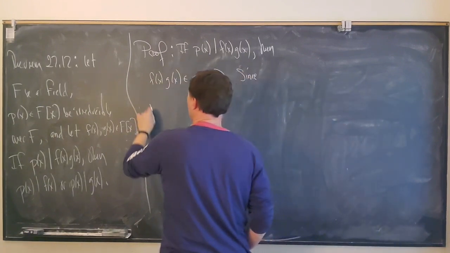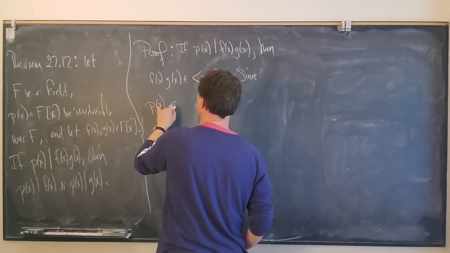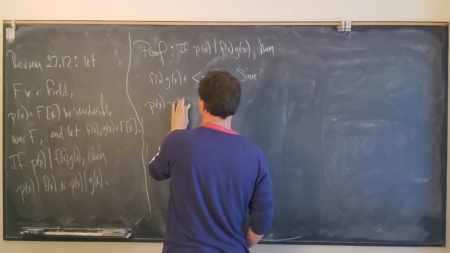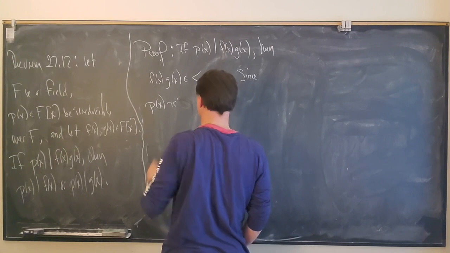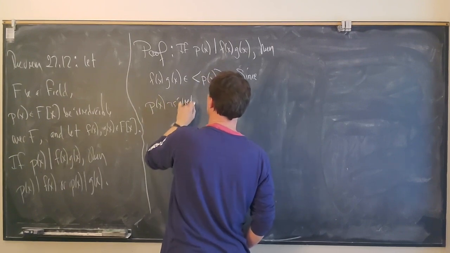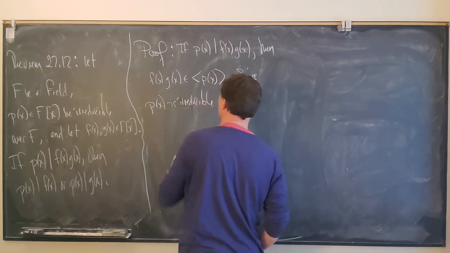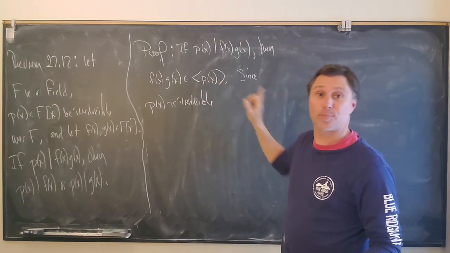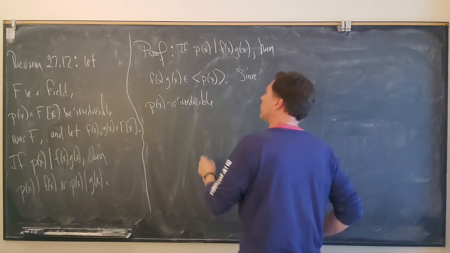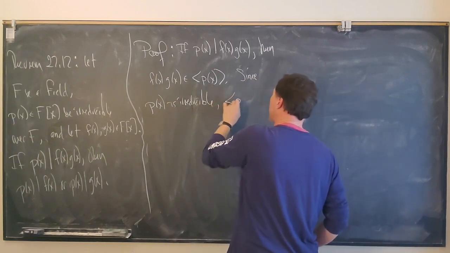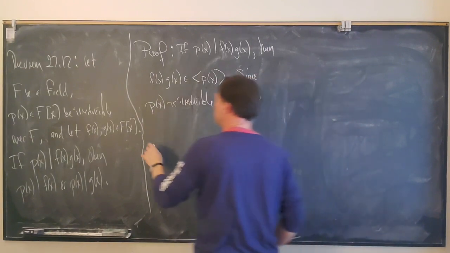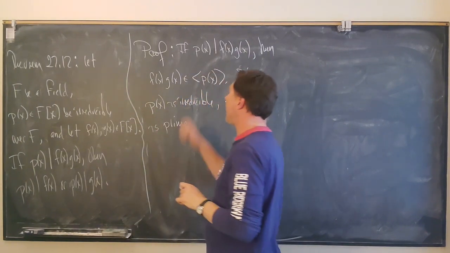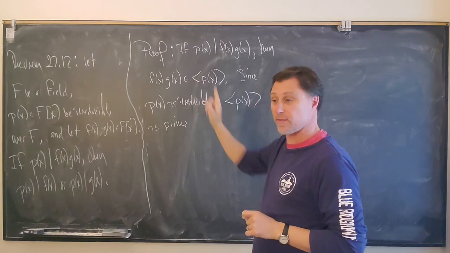Since P of x is irreducible, let's see, so irreducible polynomials correspond to maximal ideals. Every maximal ideal is prime. So since P of x is irreducible, the ideal generated by P of x is prime. And so by definition, f of x is in this ideal or g of x is in this ideal.